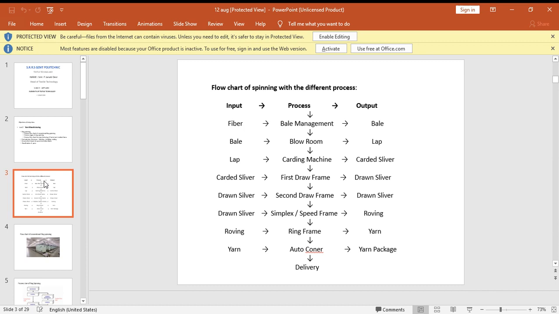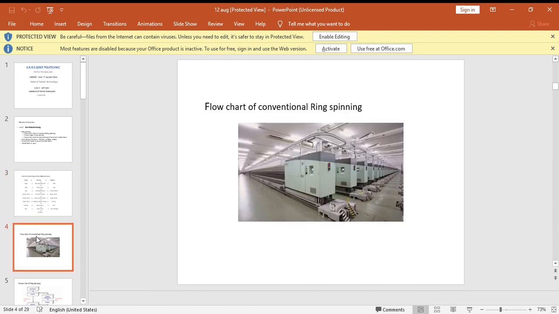Roving to ring frame to yarn, and yarn to winder to yarn package, and finally delivery. And these are the input, process, and output of the flowchart of spinning with different processes. And this is the diagram of the flowchart of conventional ring spinning.